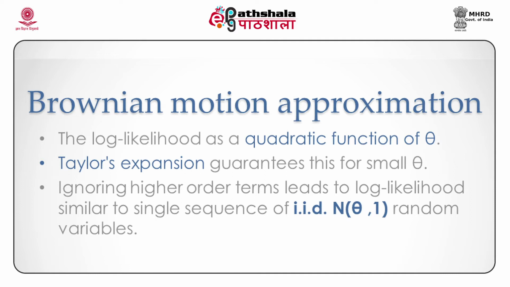To this degree of accuracy, the log likelihood will resemble the log likelihood obtained from a sequence of independent normally distributed random variables with mean theta and variance 1. We are assuming here that theta is small, and in this case cubic terms and higher order terms can be ignored.